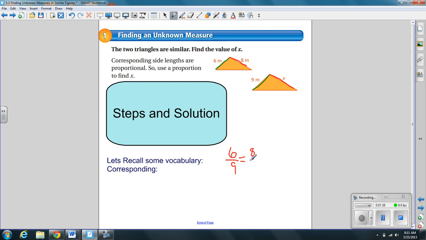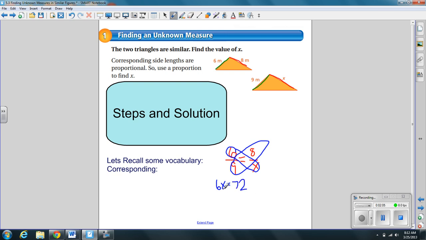Okay, and at this point, we all definitely have the proportion skills to solve for x. 6 times x equals 6x, and 9 times 8 equals 72. So we can jot that down. 6x equals 72.